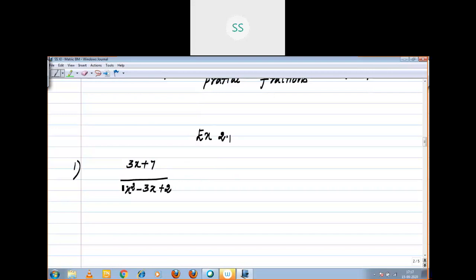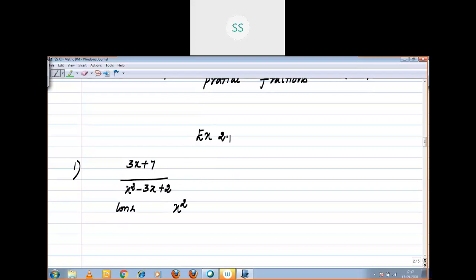The denominator, you have to see, is a quadratic polynomial. First, I am going to factorize the quadratic polynomial. The quadratic I am going to express in terms of linear factors, right? How to express in terms of linear?